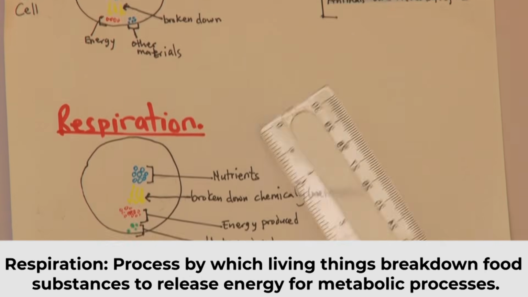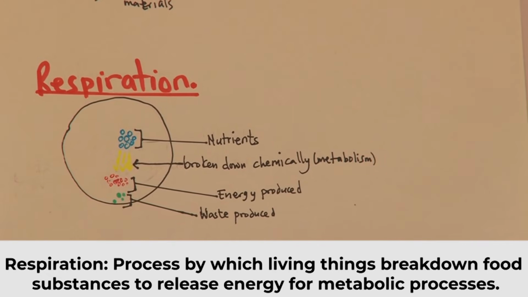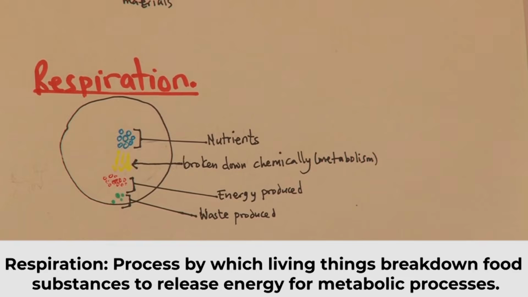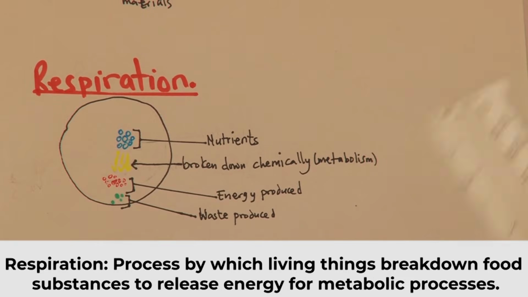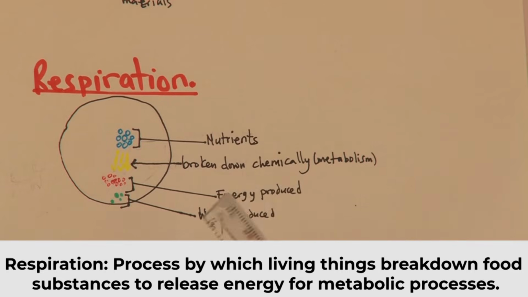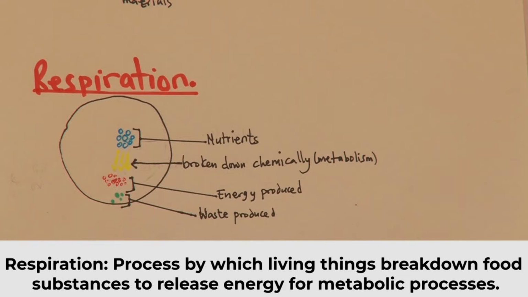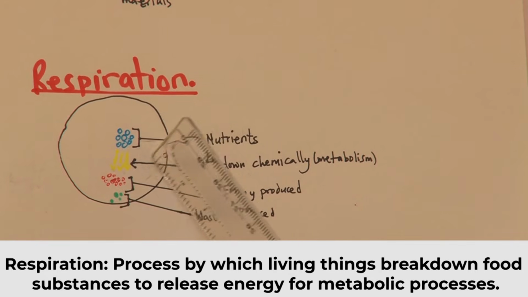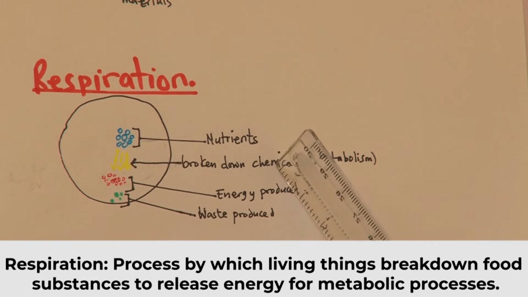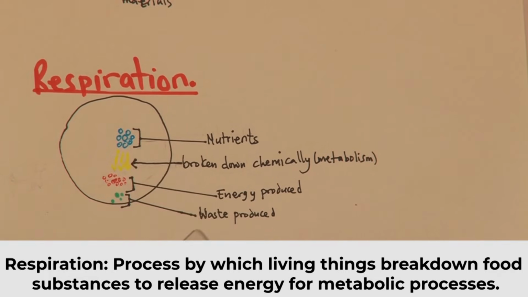It's also simply put here, it's a process. Each of these processes, we will deal with them again as topics, all right? So briefly here, respiration is a process where the nutrients taken in are broken down chemically, that's metabolism, to release energy and then waste products.